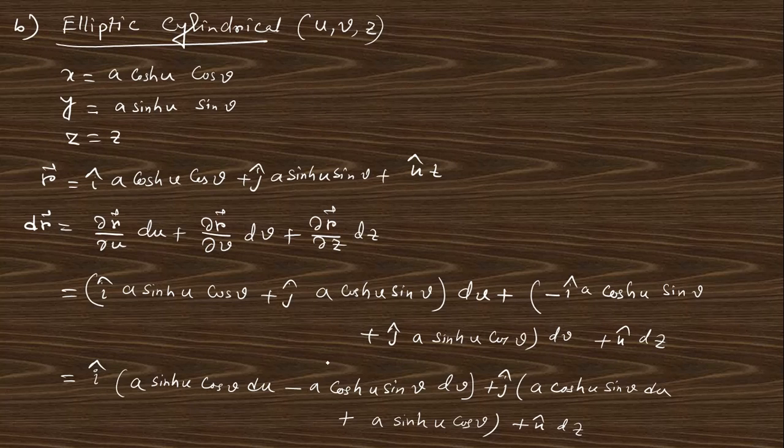So ds square is nothing but dr vector dot dr vector. If you dot, you will get the square of this term and this term.